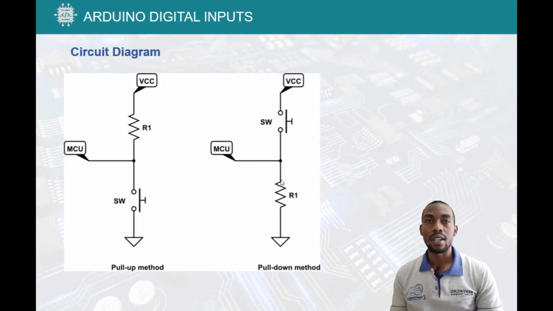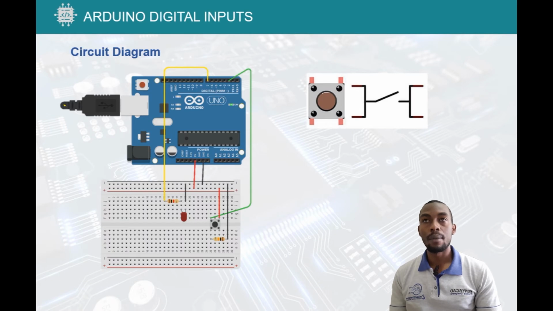Remember, when you connect a resistor, it limits the current. So when we have the switch turned on, the current will flow from VCC to the microcontroller, and that will be read as a digital input high. So basically, that's how we connect a button to the Arduino board.